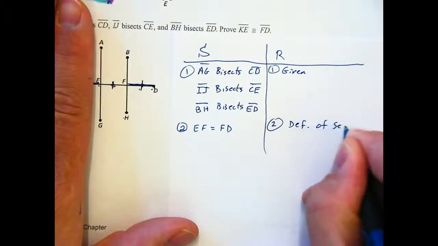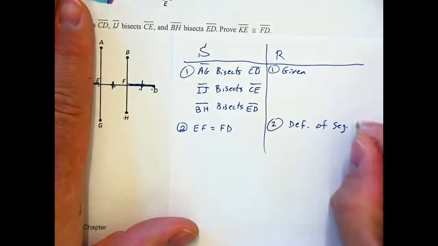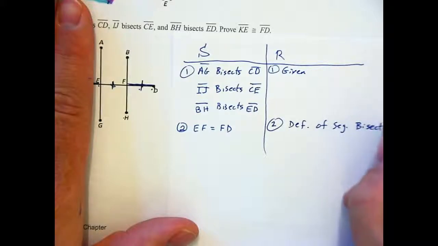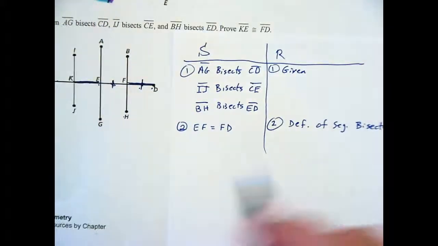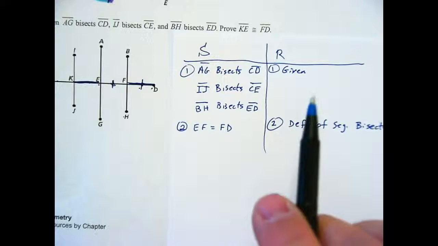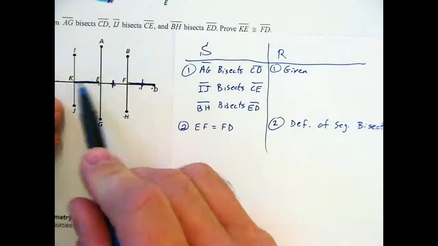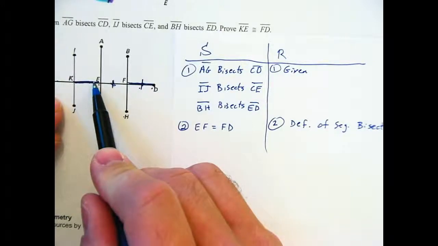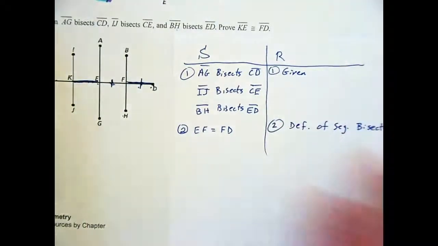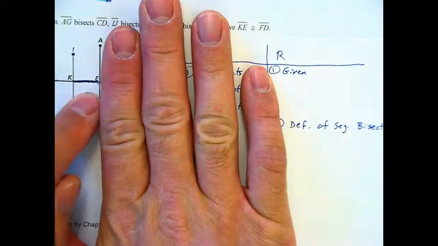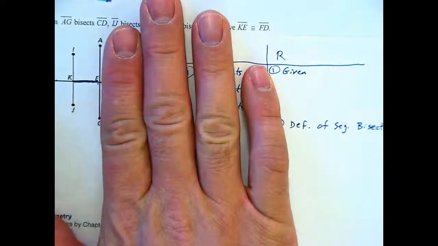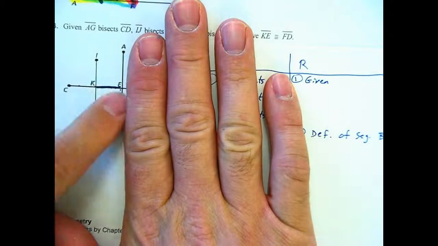Just so that we don't have to keep writing definition of segment bisector, we had 3 bisectors there. What other parts are congruent then? Alex? Yeah, KE is congruent to CK. KE is congruent to CK.